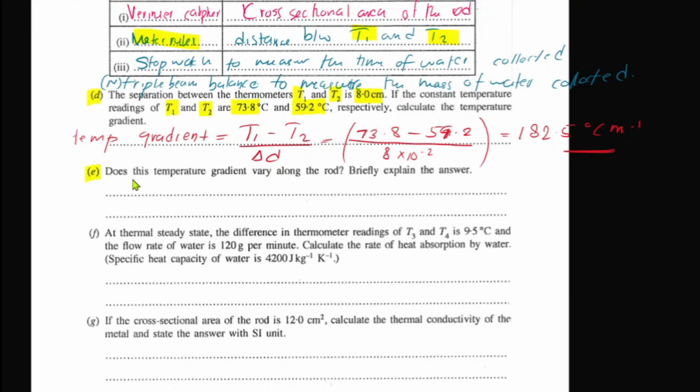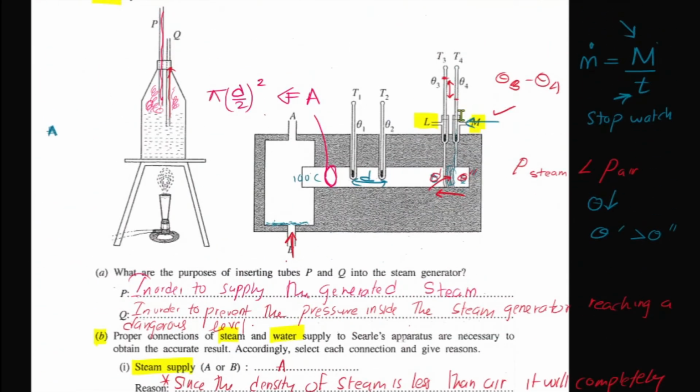The E part asks: does this temperature gradient vary along the rod? We have found that the temperature gradient is 182.5. Will it be varying along the rod? If you see the rod, when we move from the left to right along the rod, one thing we could see is it's completely insulated, right? It's well lagged.